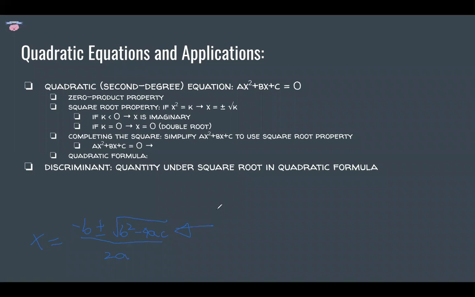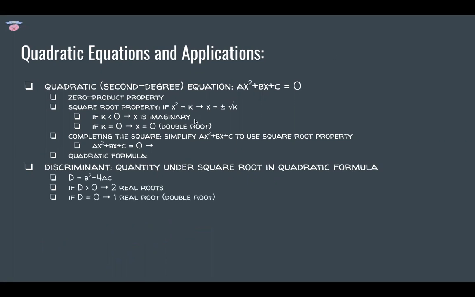This part right here. D is equal to b squared minus 4ac. And if d is greater than 0, then it has two real roots. If d is equal to 0, then there is a double root. And if d is less than 0, it's a complex root.